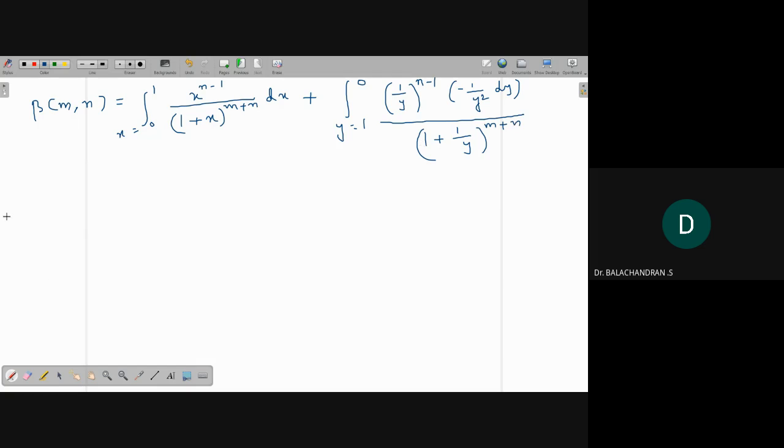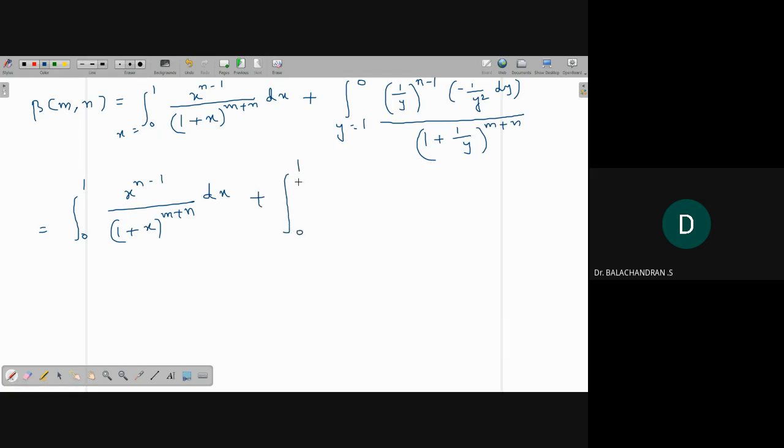In the first integral there is no change, 0 to 1: x^(n-1) divided by (1 plus x) whole power m plus n dx. Because of this minus sign, you can interchange the limits. The limit is now from where to where? y equal to 0 to 1.